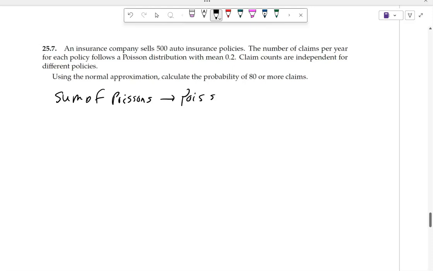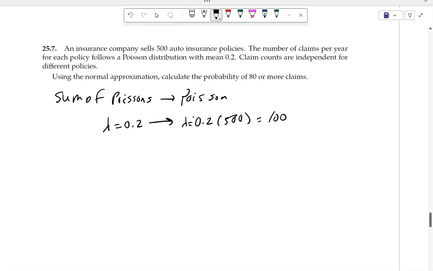What do you do with the lambdas? Yeah, just n lambda, right? So your lambda originally was 0.2. We'll take the 0.2 times 500, gives you 100, right?